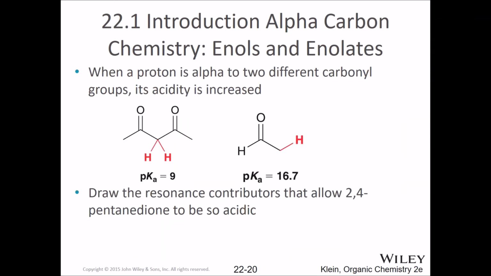All right, when a proton is alpha to two carbonyl groups, its acidity is substantially increased. Of course, right? You knew that.